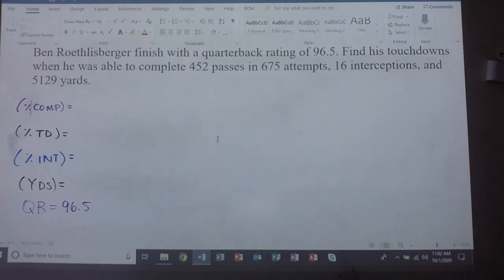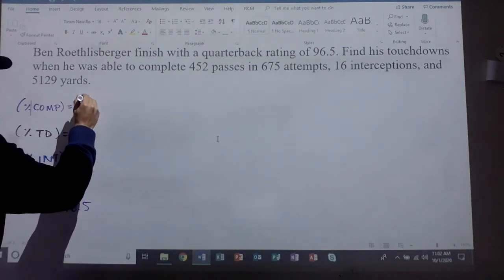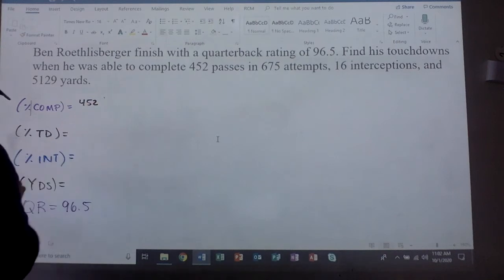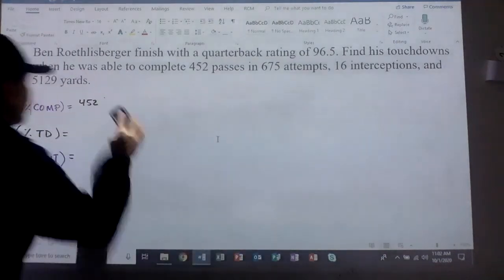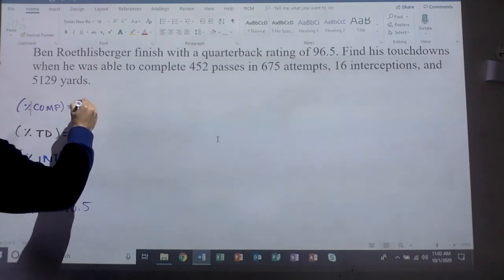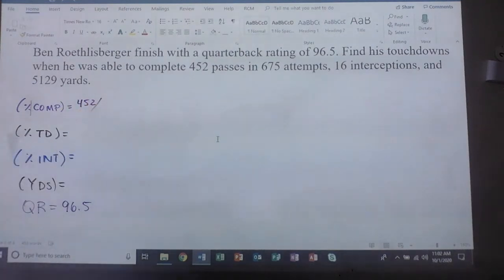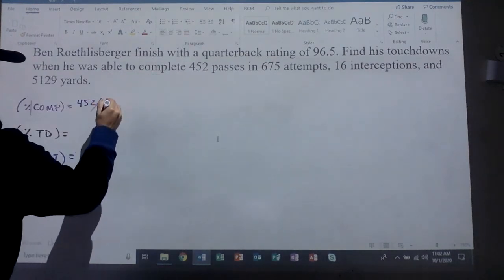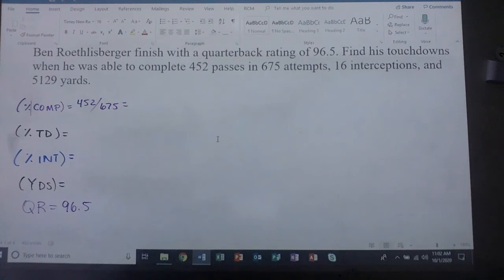When he was able to complete 452, so completed passes. 452 divided by, remember, you always divide it by the attempts, so 452 passes and 675 attempts. Find the decimal. Touchdowns, that is the one I'm looking for, but I still got to set it up.